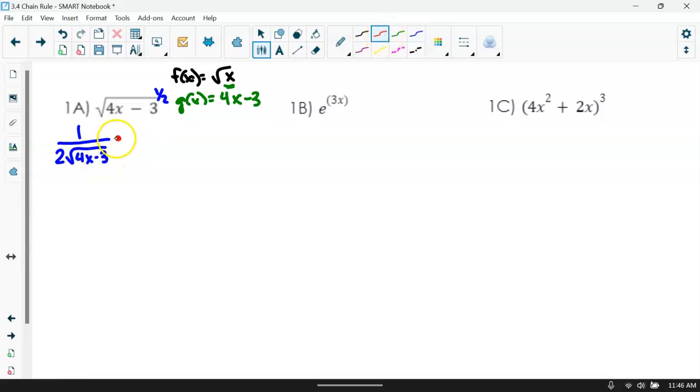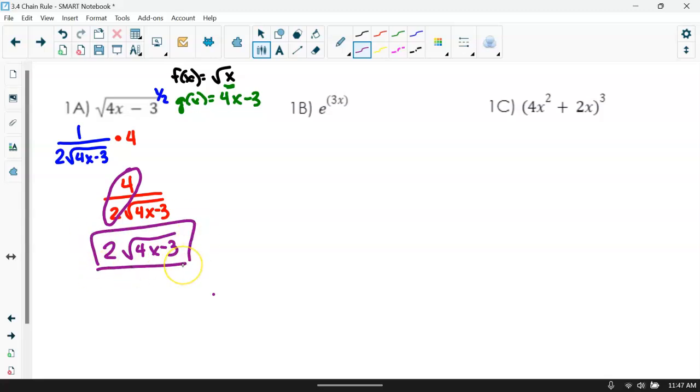Then times the derivative of our inside function, g of x, which is just 4. Now, if you wanted to rewrite this, then this is 4 over 2 radical 4x minus 3. And then for those who took it a step further, 4 divided by 2, which is 2, times radical 4x minus 3.